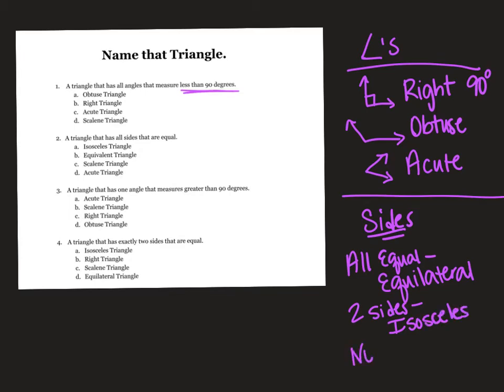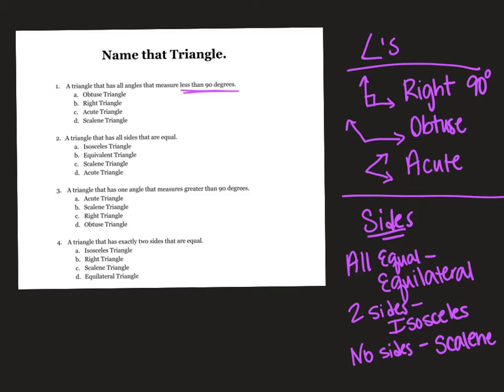If we have no sides equal, then we know that one is called scalene. We've talked about how no scales on a fish are the same, so we have scalene. All right, so you can actually name a triangle by both of these things. So you just have to look at the question and see what it is asking you to name it by.